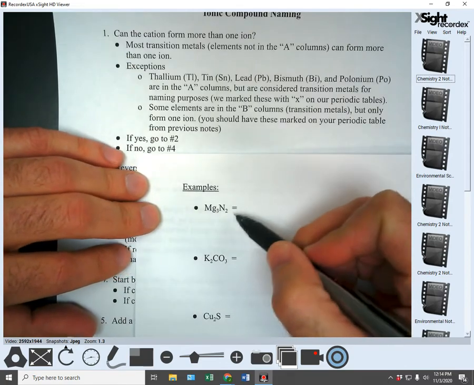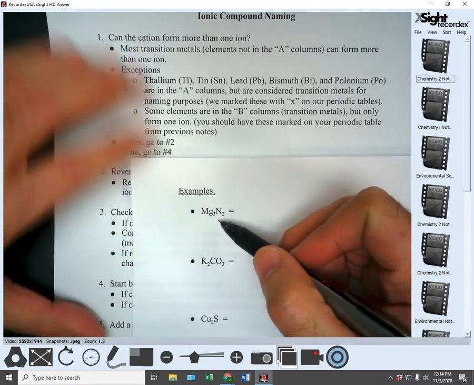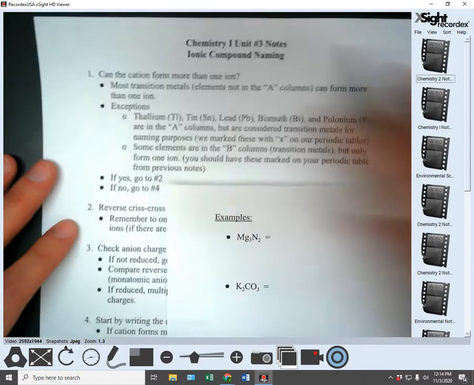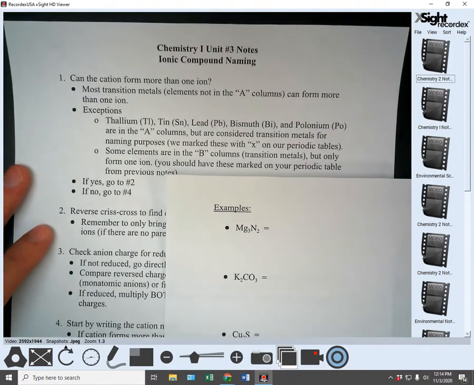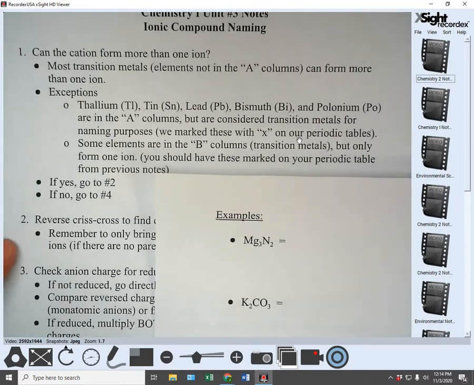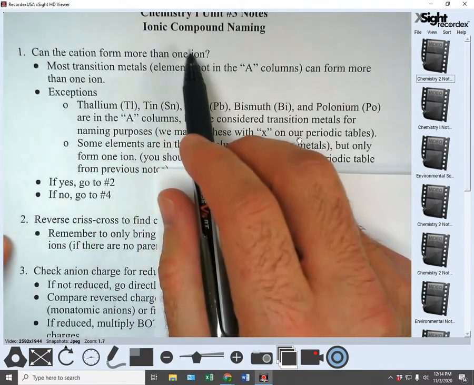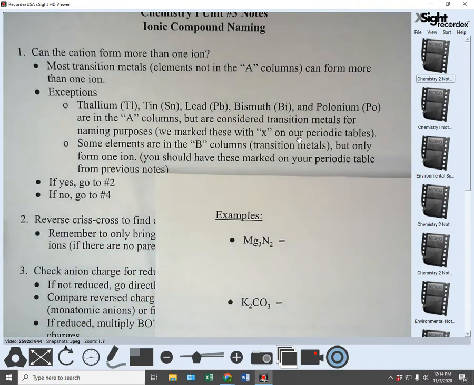So we look at our formula here, Mg3N2. Once we know it's ionic, the first question we ask is, can the cation form more than one ion? To know that answer, we go to our periodic table and find the elements.